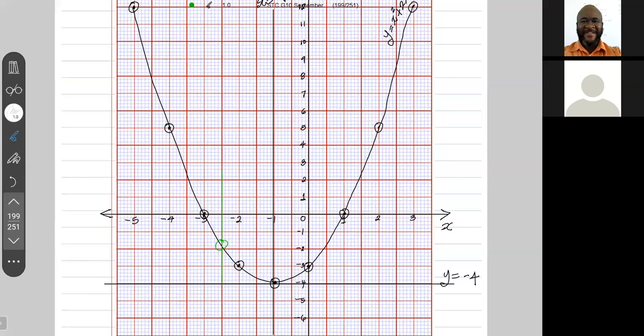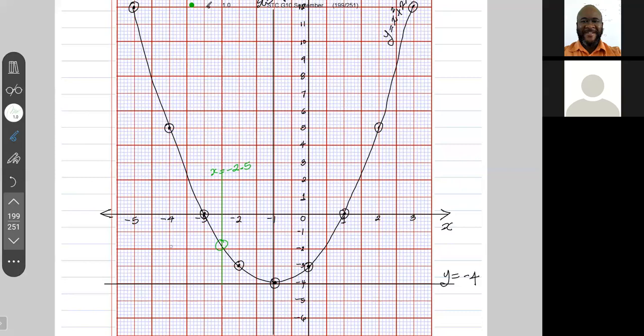Guys, the first thing we need to do is to identify the point on the graph where x is equal to -2.5. How do we do that? At x is equal to minus 2.5, we draw a vertical line until it touches the graph. Wherever that vertical line touches the graph, that is the point on the graph where x is equal to minus 2.5.